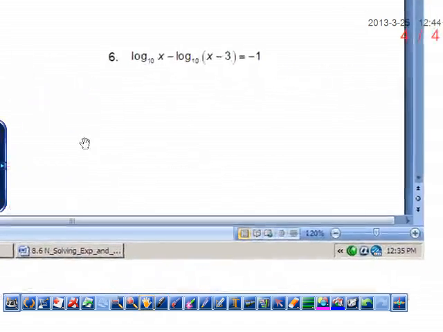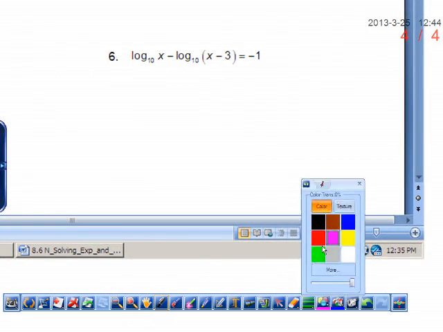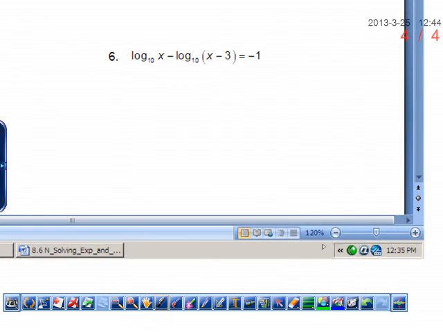All right, let's try number 6. What do you think our first step on number 6 should be? Yeah, combine the left.